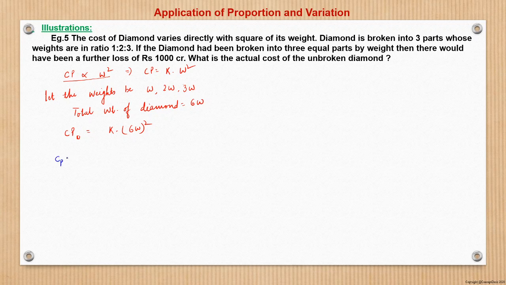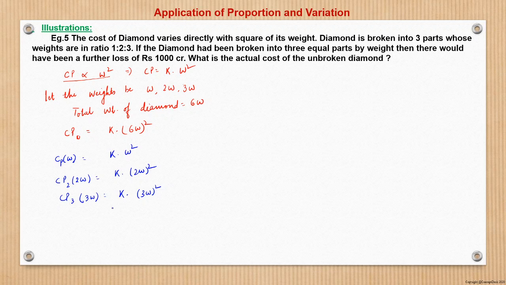CP1, of W, would be K into W square. Then CP2, that is of 2W, will be K into 2W whole square, and CP3, which is of weight 3W, will be nothing but K into 3W square, right?